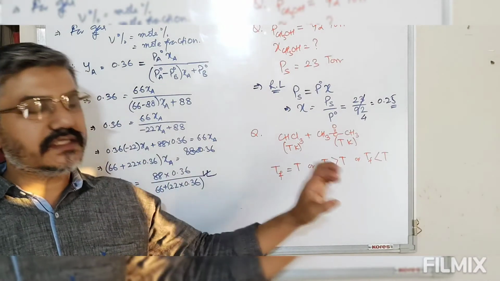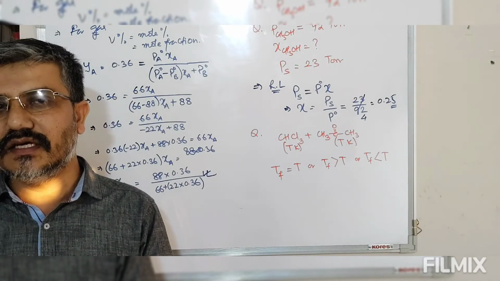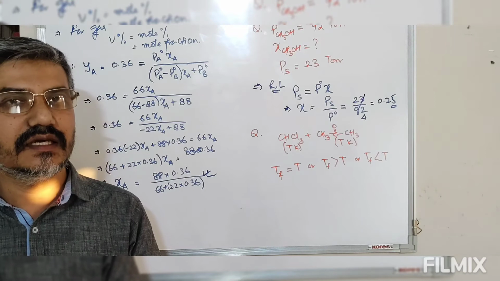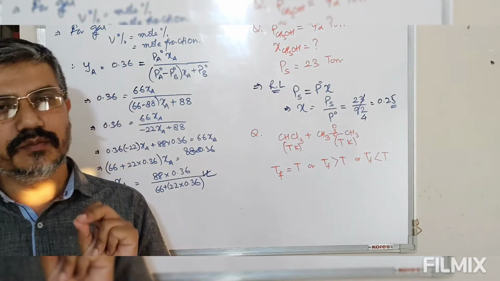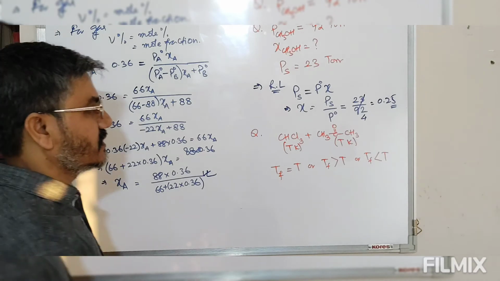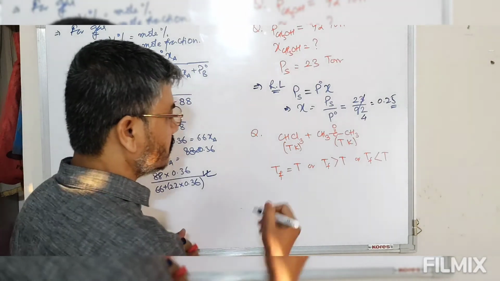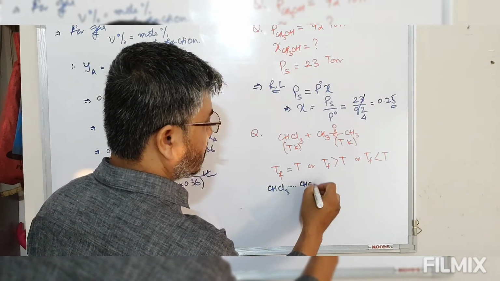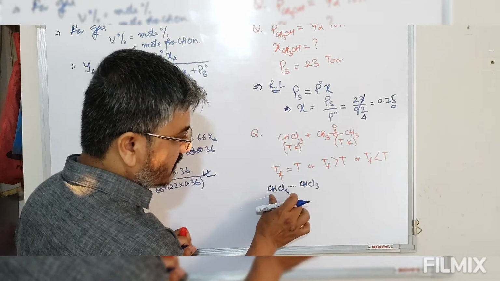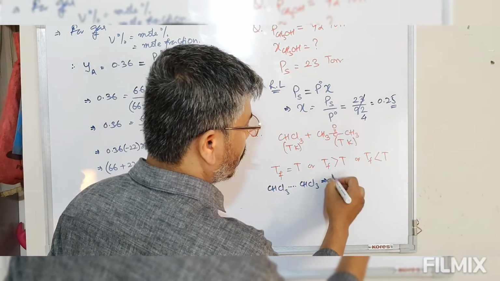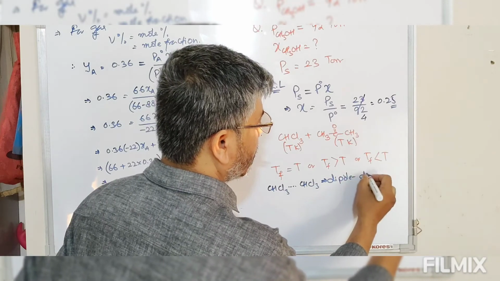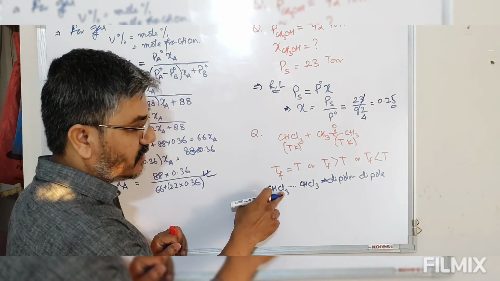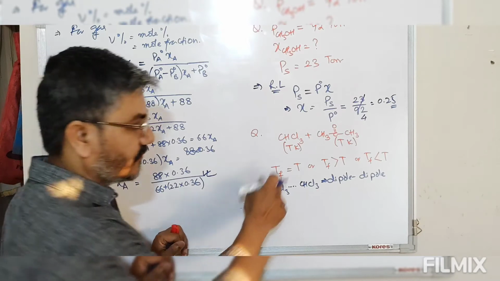To check these types of questions, we have to find the nature of the intermolecular attractive forces present between A-A, A-B and B-B. Look at chloroform: CHCl3 interacts with CHCl3, and this interaction is dipole type, because chloroform is a polar molecule due to the electronegativity difference between carbon and chlorine.